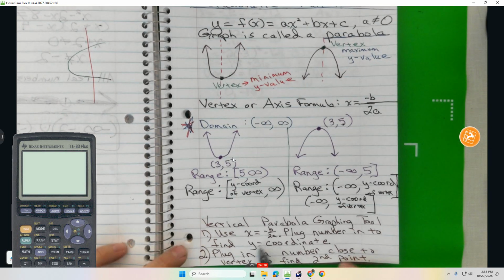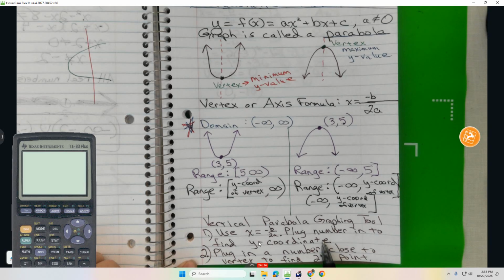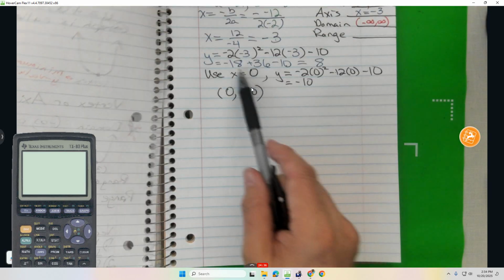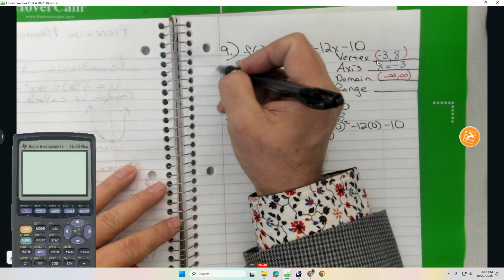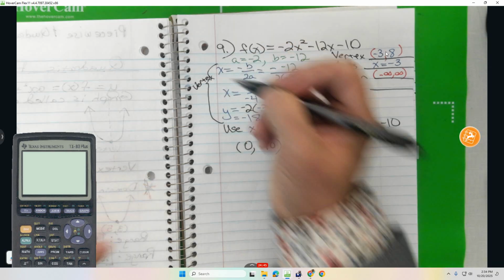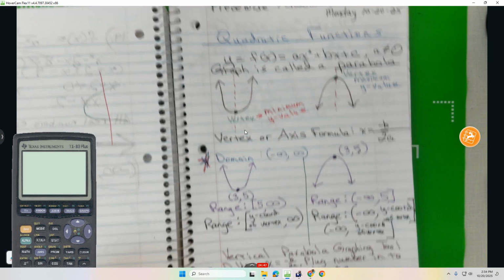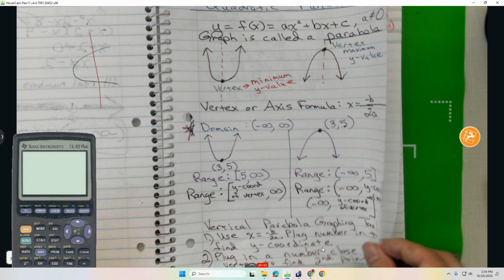Down here I said, use x equals -b over 2a, then plug it in to find the y coordinate. That's what we did right here. This was finding the vertex. Then we plug in another number that's close to the vertex to find the second point.